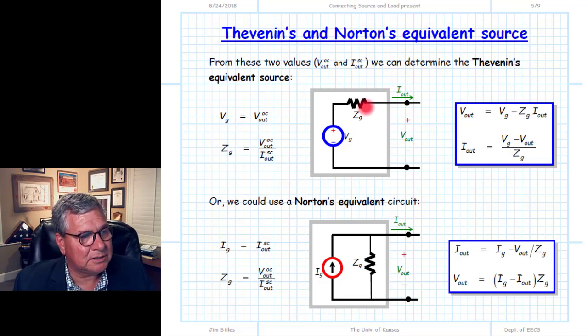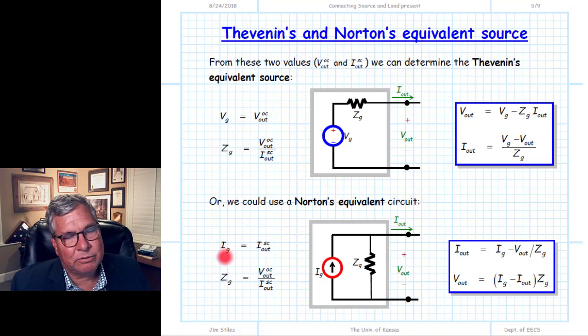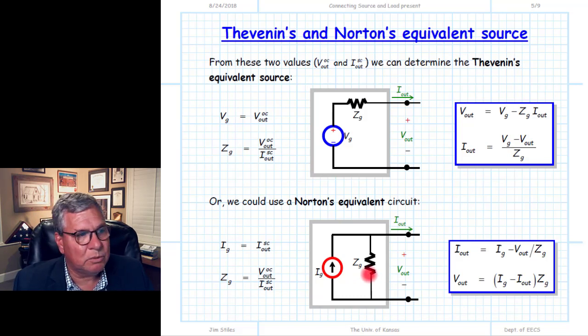For Norton's, it's kind of the same thing, only reverse. We take the short circuit current and use that to determine directly the source current. And then in parallel, we have a source impedance, which once again, just like Thevenin's, is the ratio of the open circuit voltage to the short circuit current. So these are two ways of describing the same thing.